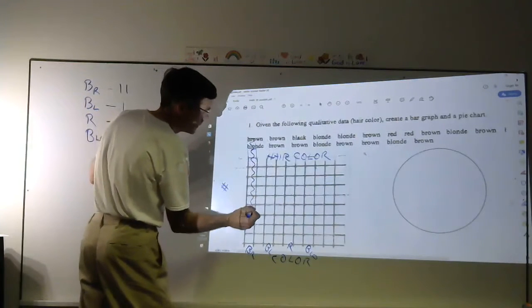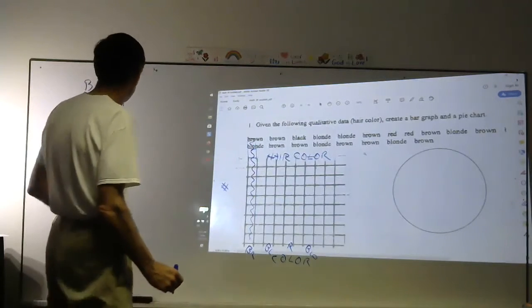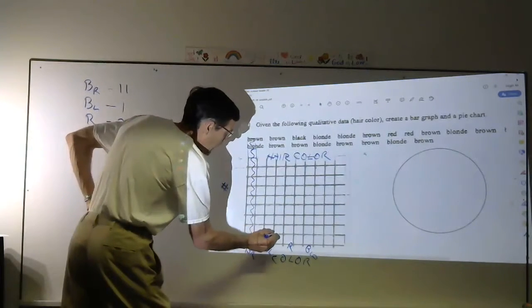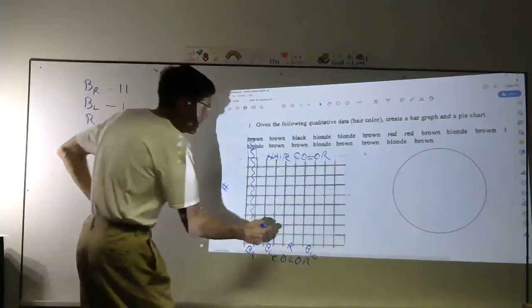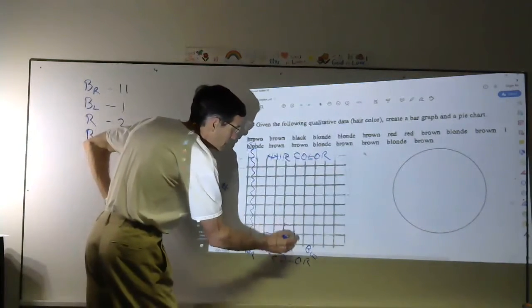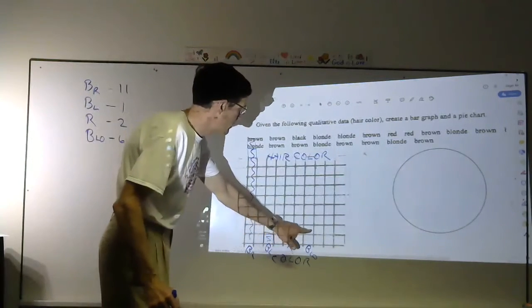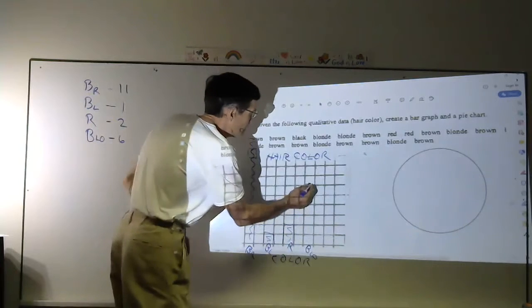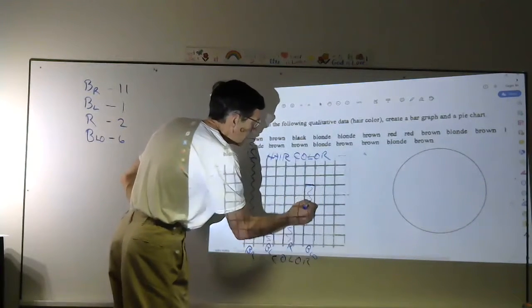And here is the bar graph representing brown. 1 black-haired person there. 2 red here. And 6 blonde, 1, 2, 3, 4, 5, 6. So here are the blondes.